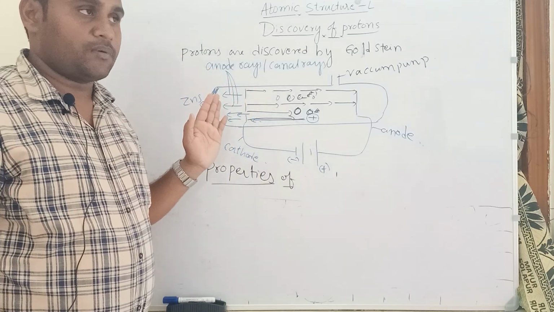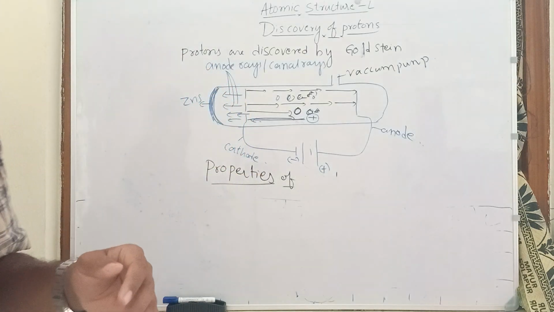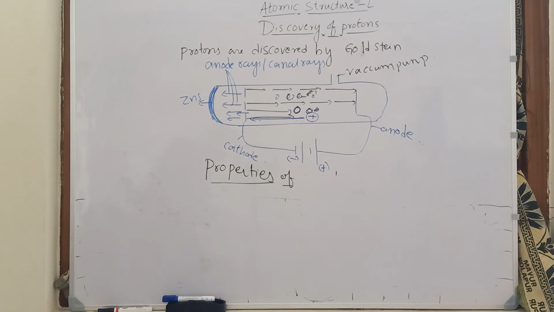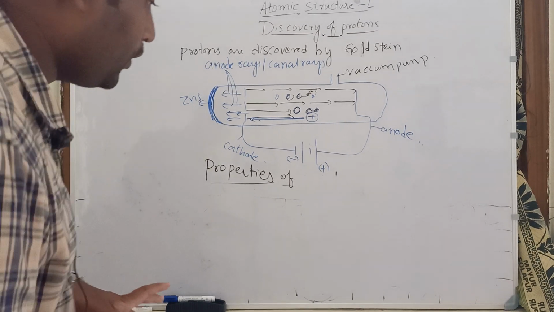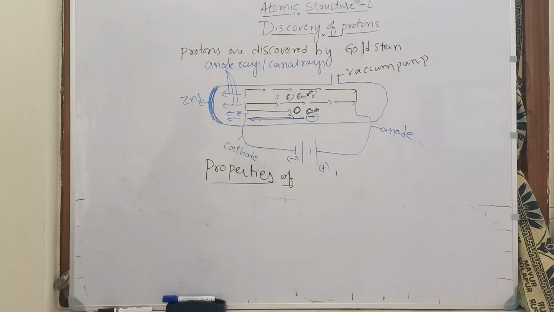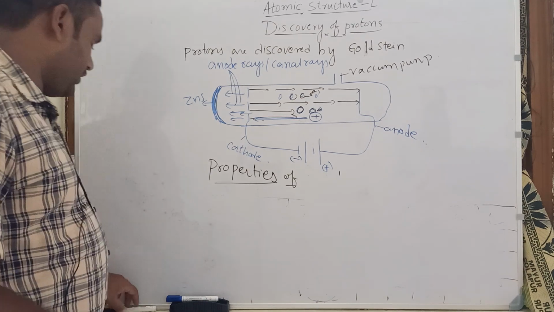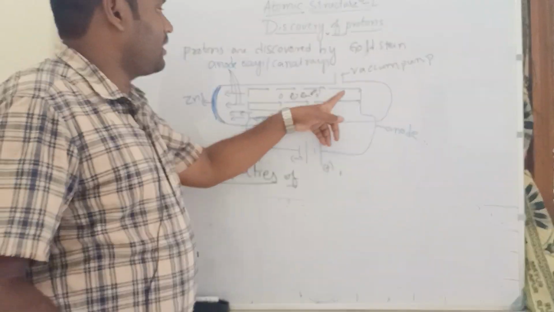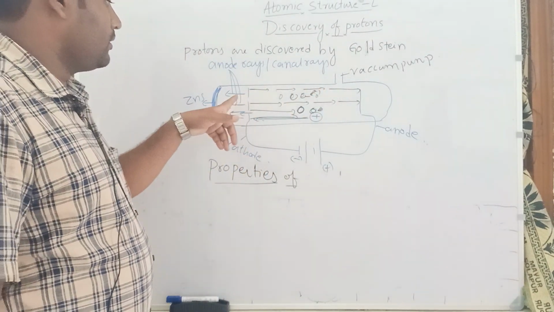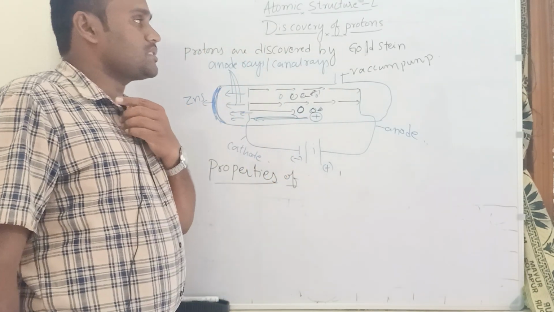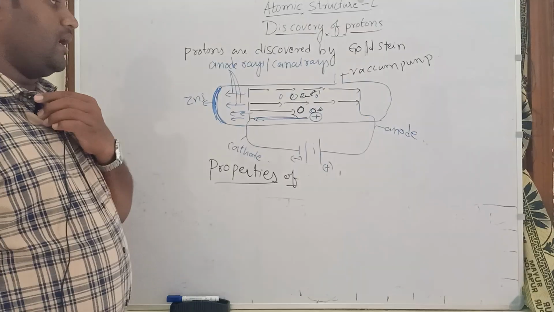When we do this experiment, we already know some rays are released from the cathode and they travel towards the anode. I discussed all this in the discovery of electrons.